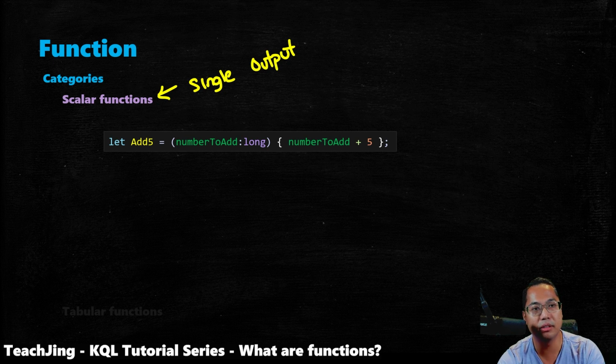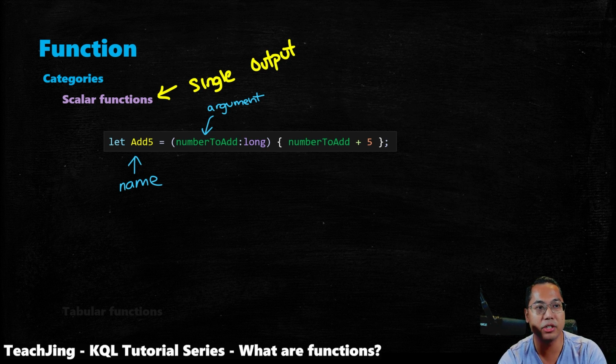All right, so let's build a scalar function. First, we have to name it. Whatever you put after the let, you name it. And then you identify arguments. You don't have to identify an argument, but then the function becomes very simple.